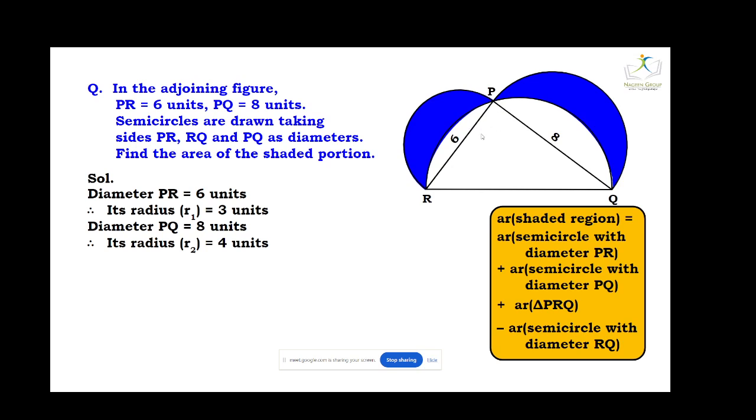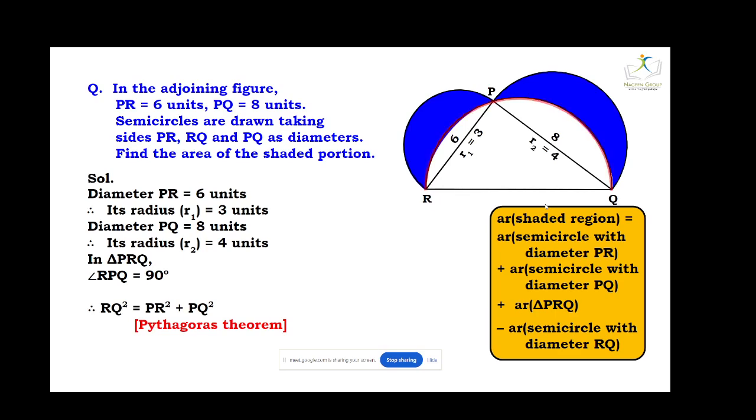So it is a right angle triangle. We can call it the Baudhayana result or the Pythagoras result: the sum of squares of the other two sides is the square of the hypotenuse. RQ is the hypotenuse. In the right angle triangle PQR, the angle at P is 90 degrees, so the hypotenuse square, the hypotenuse being opposite to the 90 degree angle, equals the sum of squares of the other two sides.